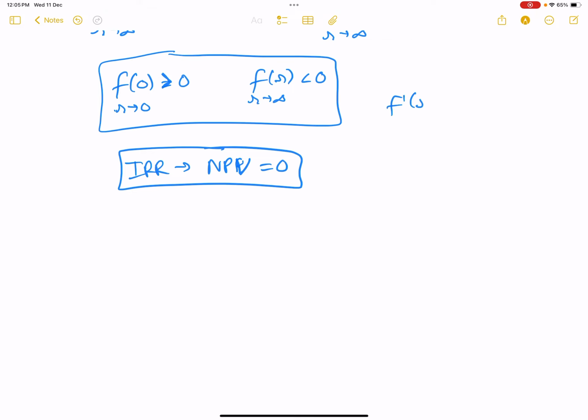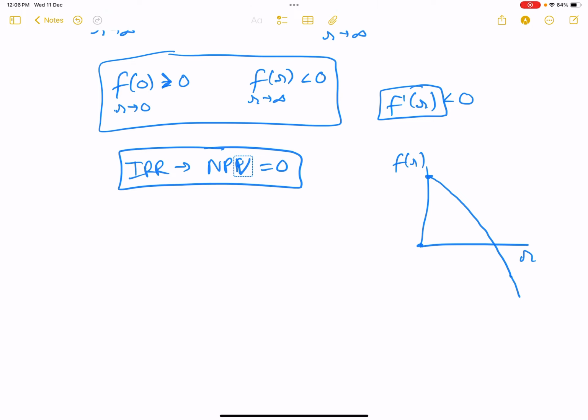Now we know these three things. F dash r is falling. So f of 0 is positive, right? Suppose this is the interest rate, this is f of r. At 0, we are getting some positive value. And as r keeps on increasing, f dash r is less than 0, which means the value of the project should keep on falling.